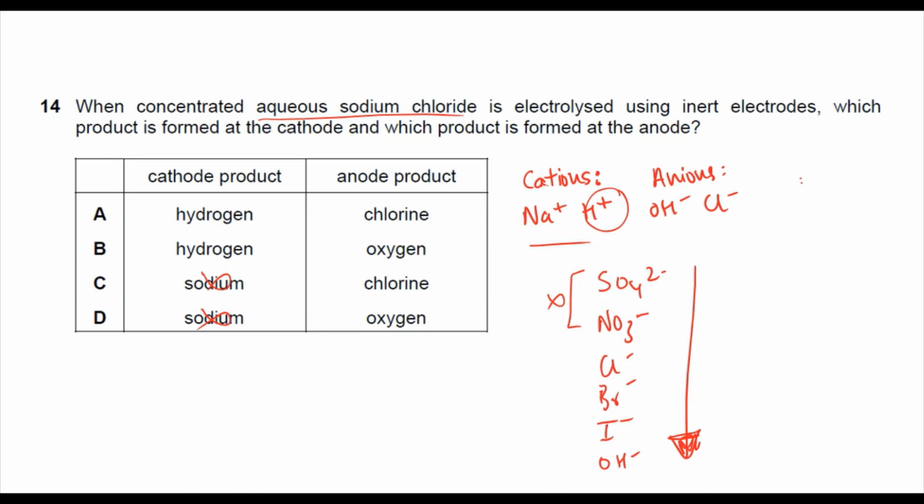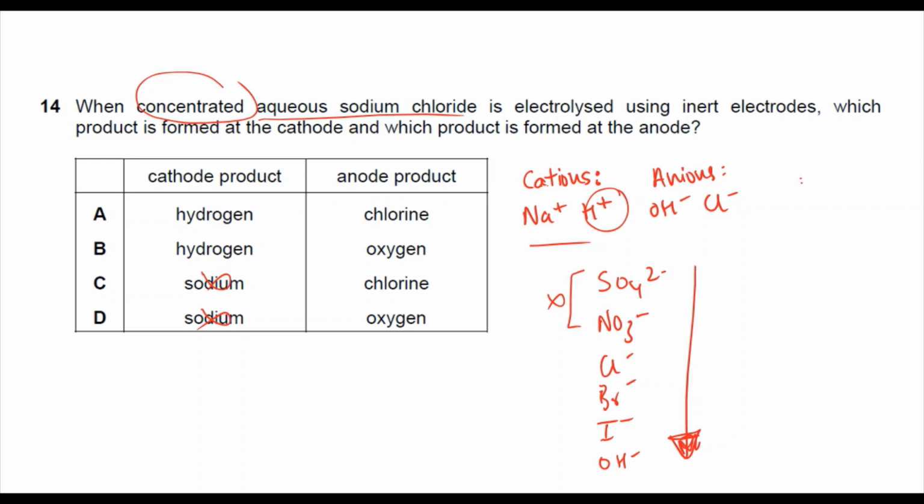When you have a concentrated solution, there's a higher concentration of chloride than hydroxide ions. The concentration factor dominates the preferential discharge series factor. So if chloride is more concentrated, it will be preferentially discharged as compared to hydroxide.